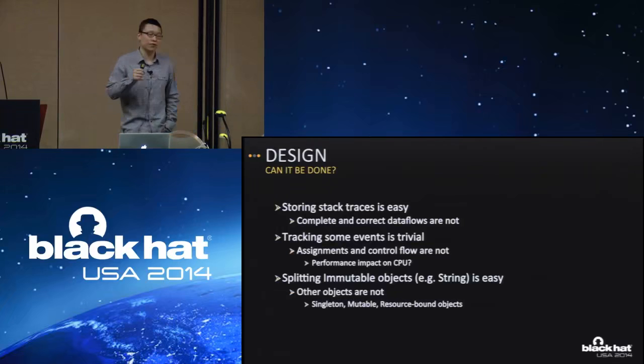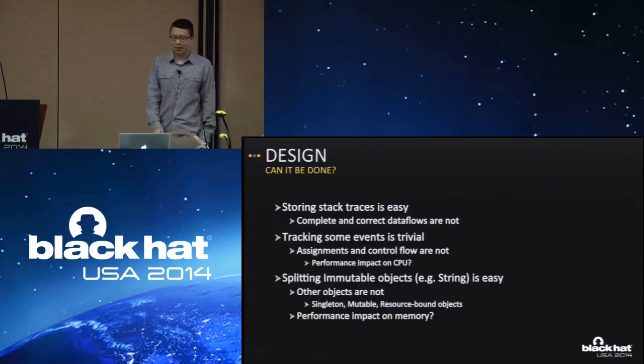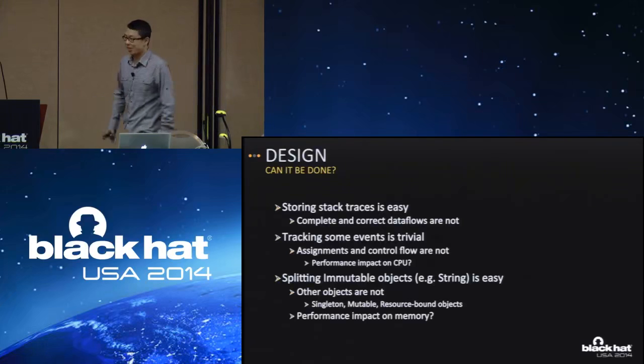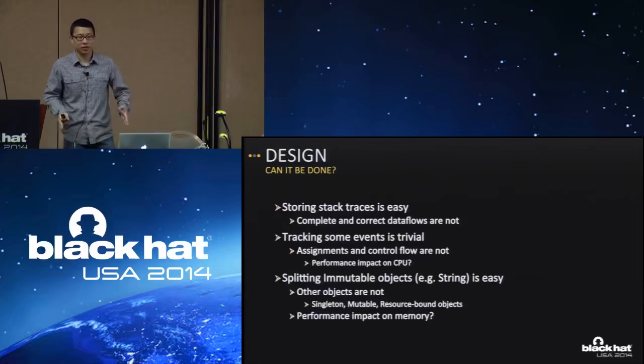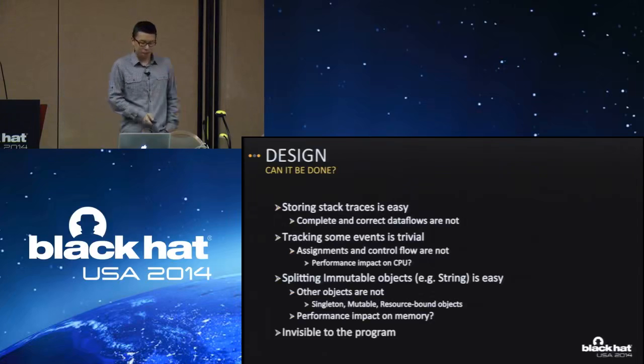Those are intended to have only one copy in the system. So how do you actually create a second copy? And when you're creating so many copies of objects, it's going to be insane on the memory cost. If you create a string that's 100 bytes and duplicate it, it's going to reach a few gigabytes really soon. So how do you deal with that?